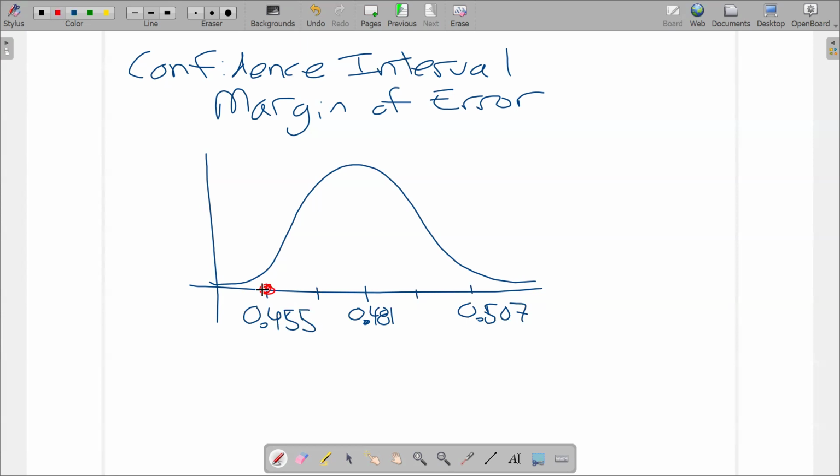So from here to here is my confidence interval. In the middle is my point estimate, p hat. Usually the distance from the center to the edge, either on the left or on the right, is the margin of error.